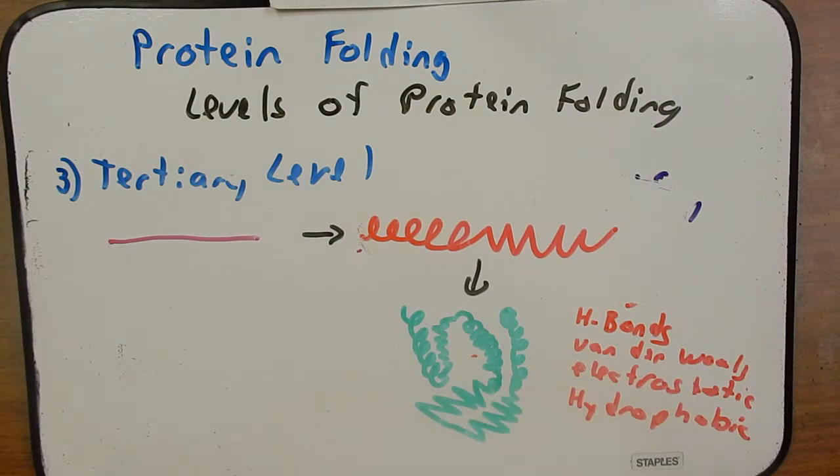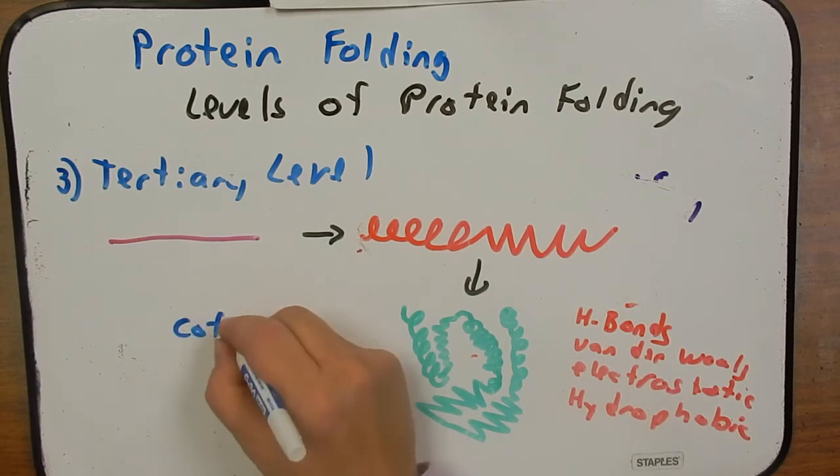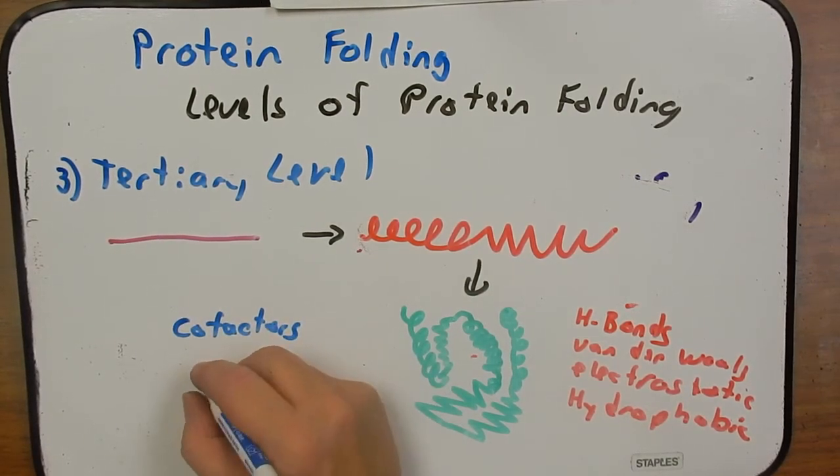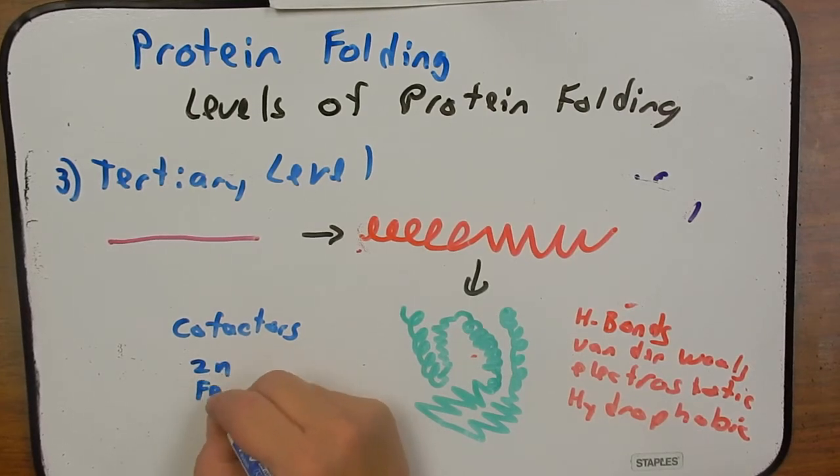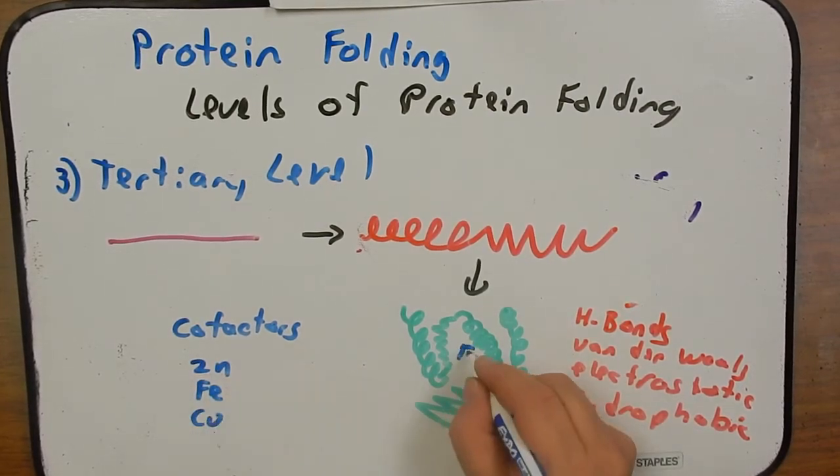Often, these are stabilized by cofactors. Cofactors are often metals like zinc, iron, copper that will bind here, and they will stabilize these interactions to produce the most stable structure of that folded protein.